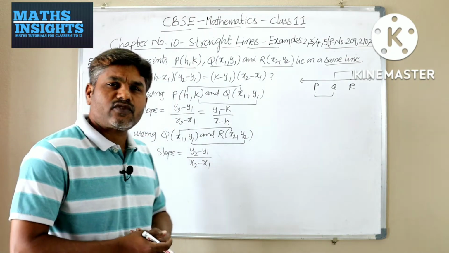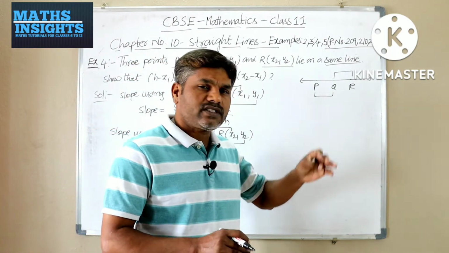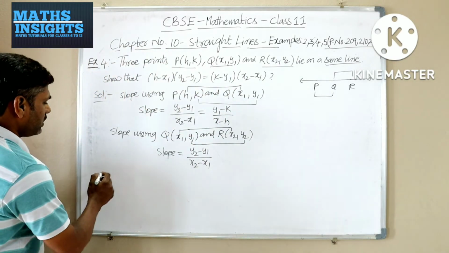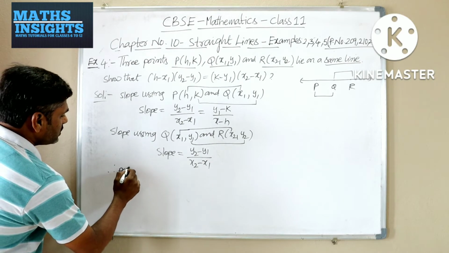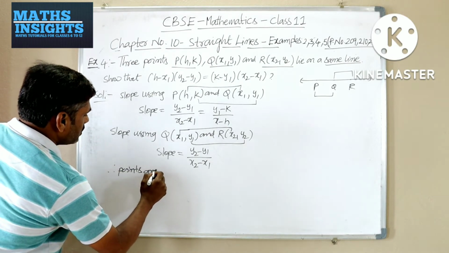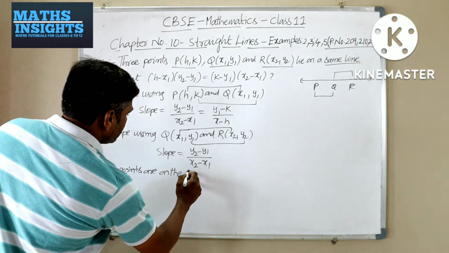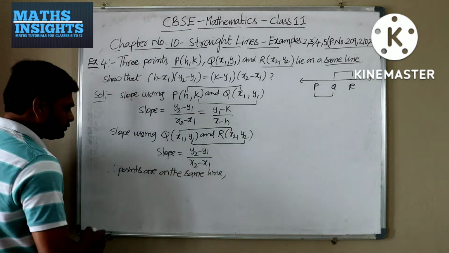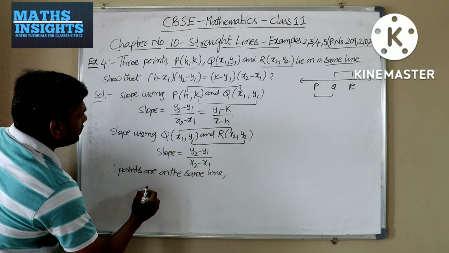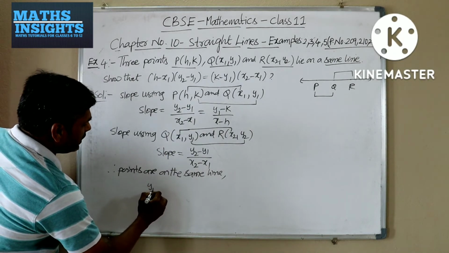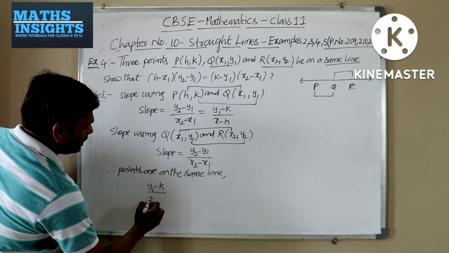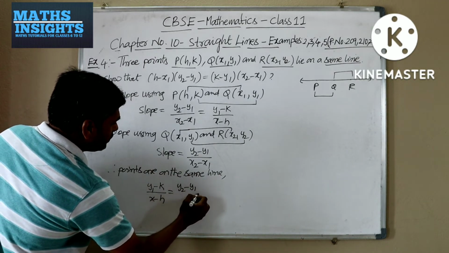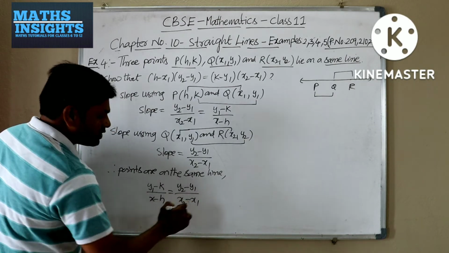You calculated the slope of the same line since the points are lying on the same line. Therefore, these two slopes are equal. Points are on the same line. Therefore, the first slope y1 minus k by x1 minus h is equal to the second slope, y2 minus y1 by x2 minus x1.